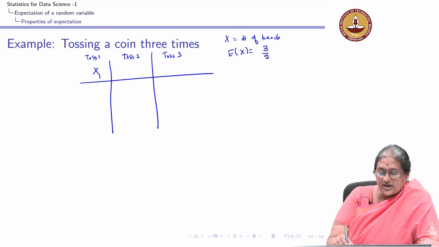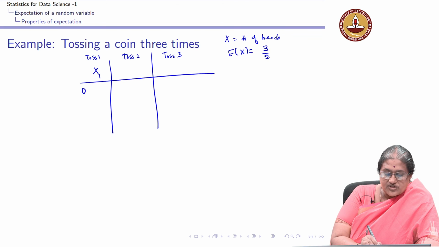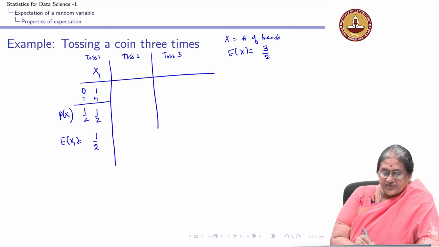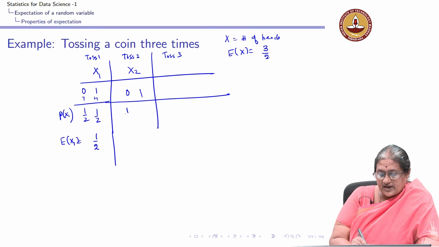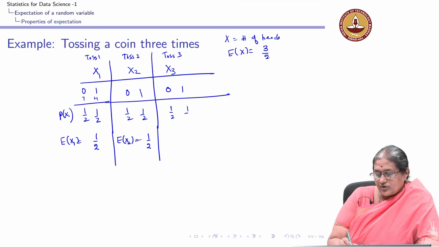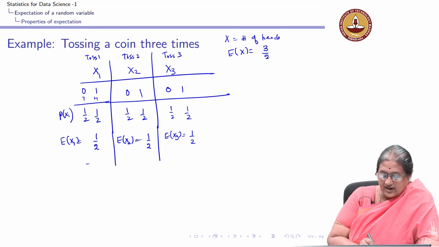Let x1 be the random variable which takes the value 0 for a tail and 1 for a head, with probability equally likely, half and half. I know expectation of x1 is equal to 1 by 2. Similarly, let x2 be the random variable, again taking the values tail and head with the same probabilities. Expectation of x2 is again half. x3 again takes the values 0 and 1 with probability 1 by 2, 1 by 2. Expectation of x3 is again equal to half.